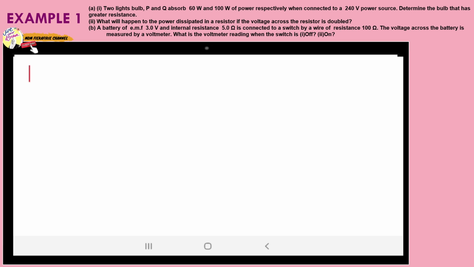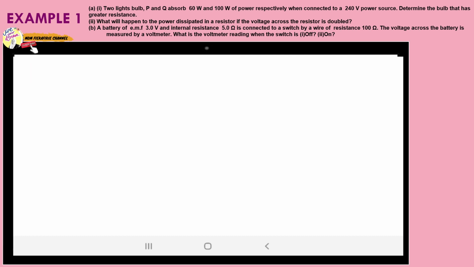Here we have two light bulbs, P and Q, where P absorbs 60 watt of power and Q absorbs 100 watt of power when connected to a 240 volt power source. Determine the bulb that has the greatest resistance.